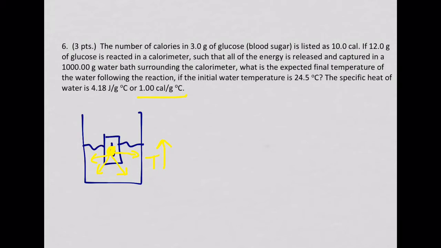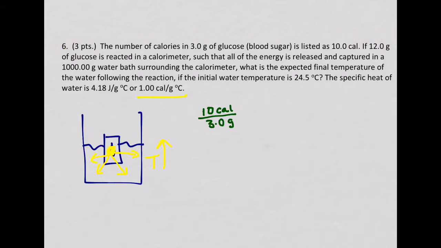So let's go back and pull information out of it. We know that 3 grams will give you 10 calories, and so we have this relationship right here, that there are 10 calories in 3 grams of glucose. That's useful. We also know that we have 12 grams of glucose.